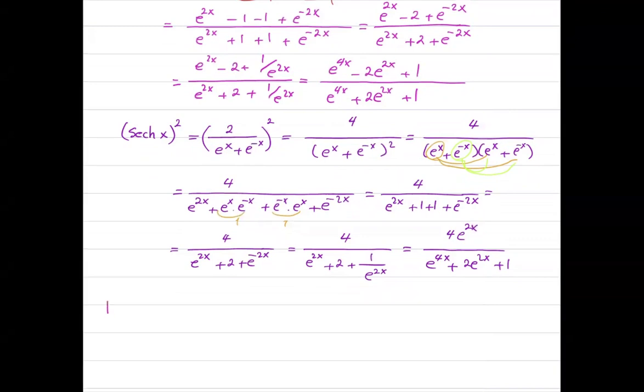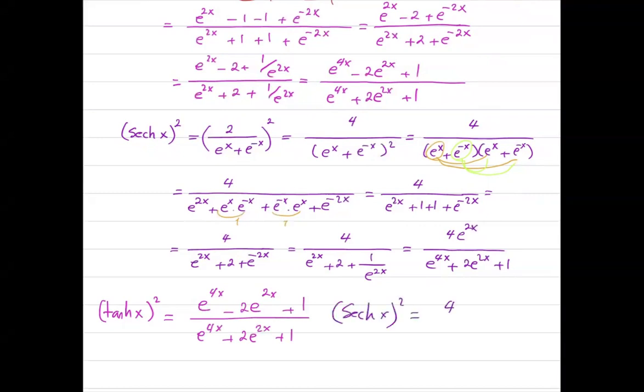So far we showed that hyperbolic tangent squared is equal to e to 4x minus 2 e to 2x plus 1 divided by e to 4x plus 2 e to 2x plus 1, and then hyperbolic secant squared is 4 e to the power 2x divided by e to 4x plus 2 e to 2x plus 1. Okay. So the denominators are the same, right?